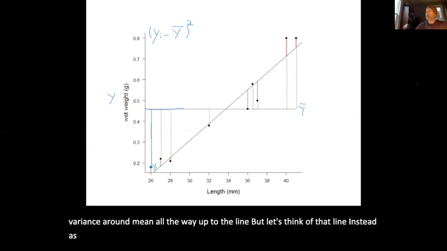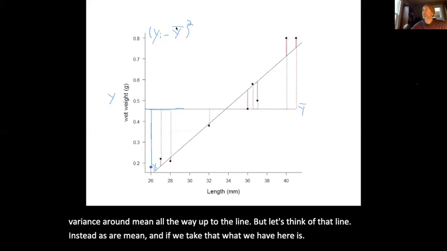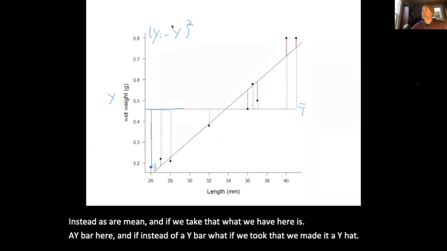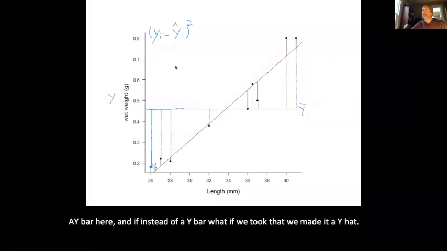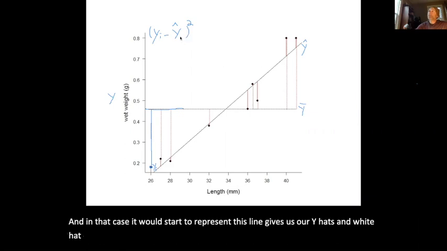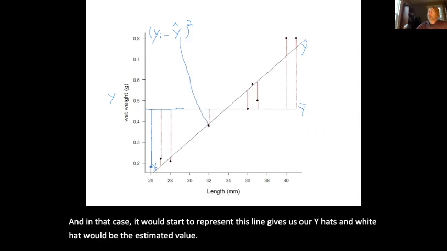But let's think of that line instead as our mean. And if we take that, what we have here is a y bar. What if instead of a y bar, we made it a y hat? In that case, it would start to represent this line. This line gives us our y hats. And y hat would be the estimated value of y at the line.